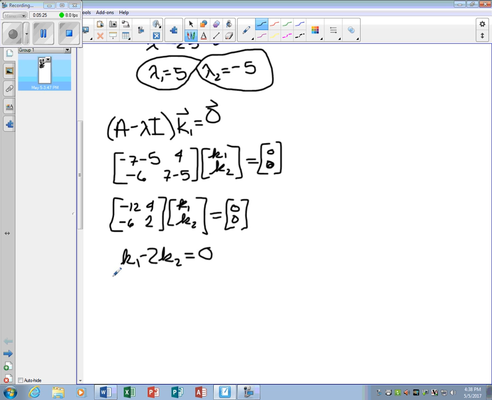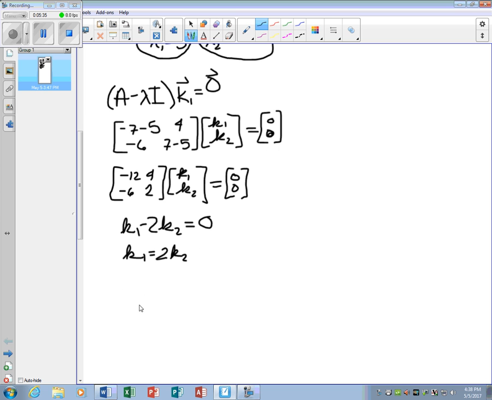We know that the ratio is this. It's going to work out to be this. So this makes it that K1 equals 2K2, little K2. And so for big K1, we're able to say that if K2 is 1, that means that K1 is 2. So that's that one.